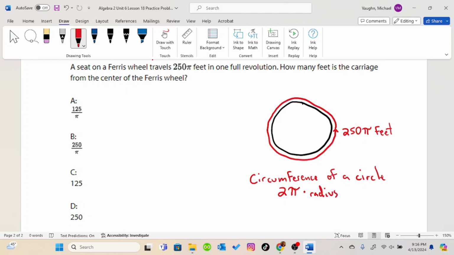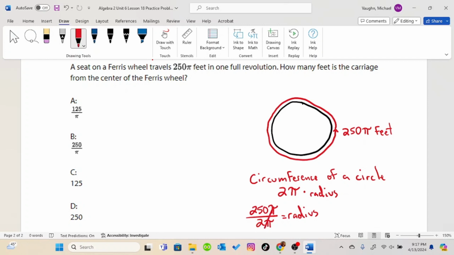So if I know that the circumference is 250 pi and I want the radius, then I need to take 250 pi and divide that by 2 pi to get the radius.